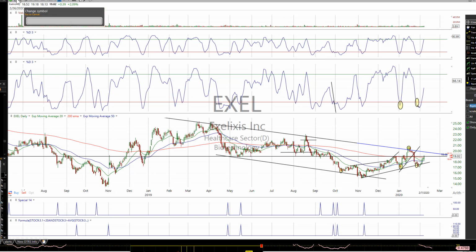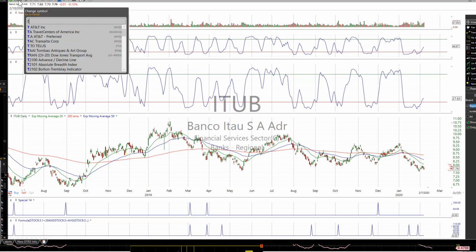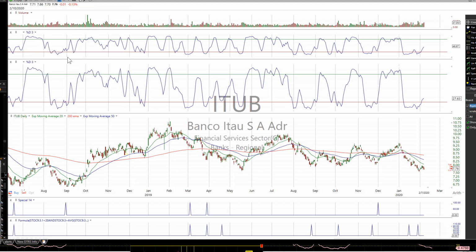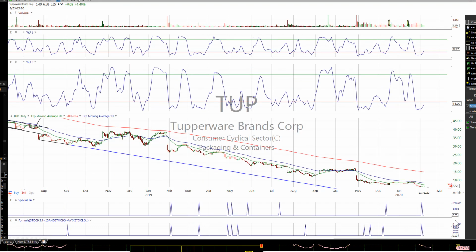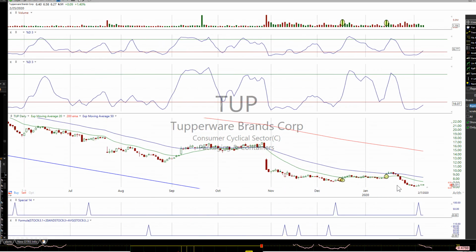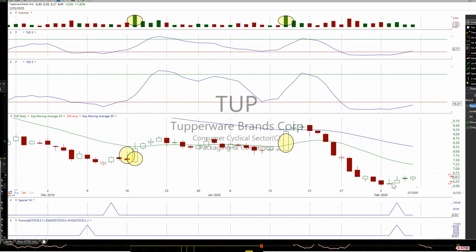Tupperware, TUP. I read up on it. It sure does not look good. They got rid of their dividend, but there's a lot of hate out there. Where is it? TUP. There it is. But we started to see a little move today. Started to move back up. It's a $6 stock.